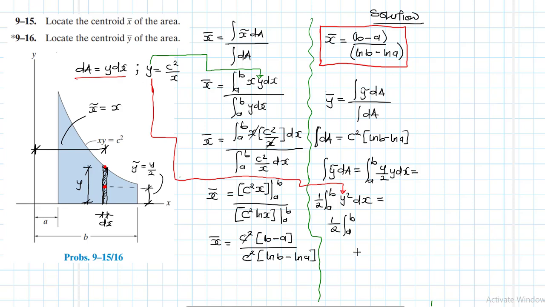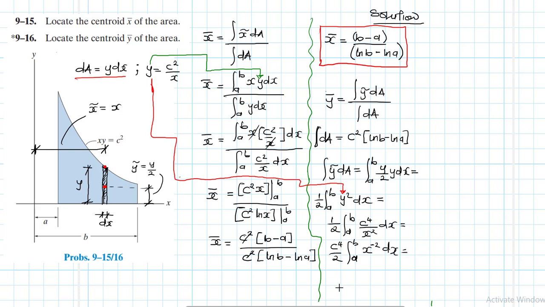And if we did so, we are going to have c to the power 4 divided by x to the power 2, dx. And if we integrate this, of course, we can factor out the c to the power 4, integral from a to b, and then write x as x to the power minus 2 dx.